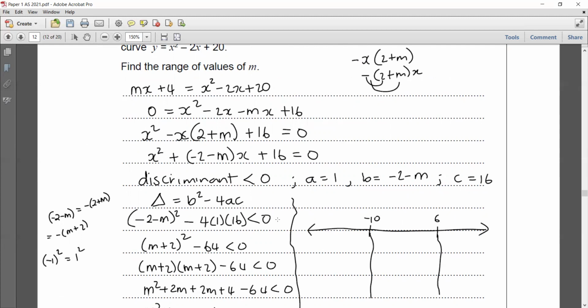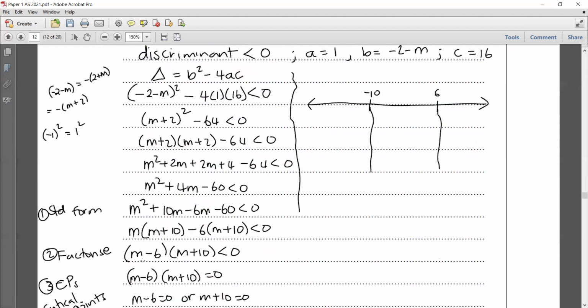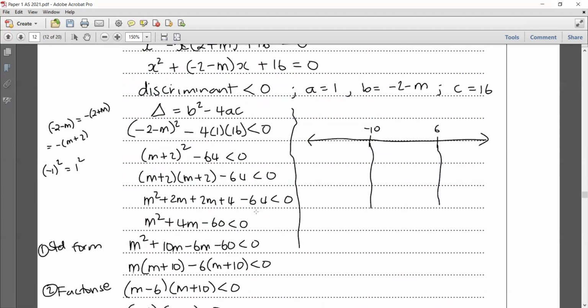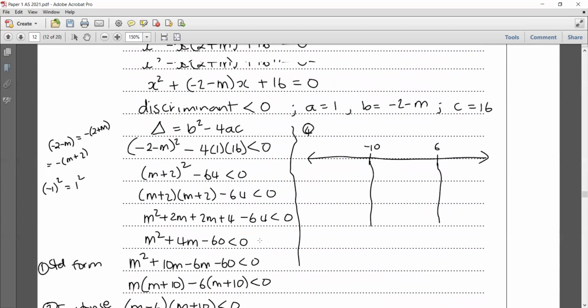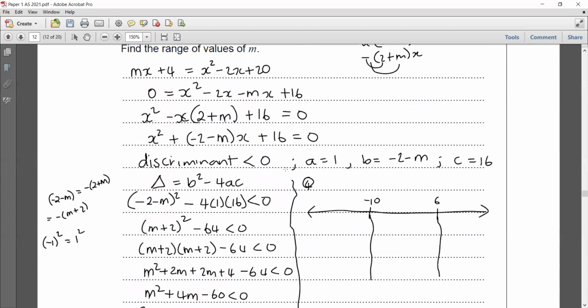Okay. Then you go back to the factorized form. So we're now at step number 4. This is step number 4. Now step number 4, here you take your factorized forms. I have m-6 and m+10, or just m+10 first and then m-6, but it doesn't really matter.